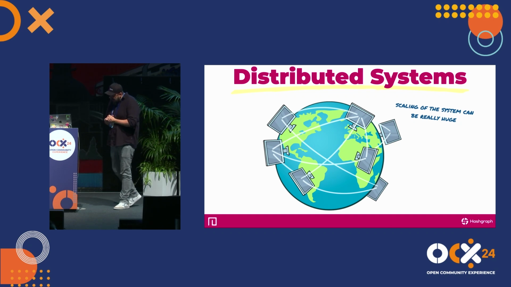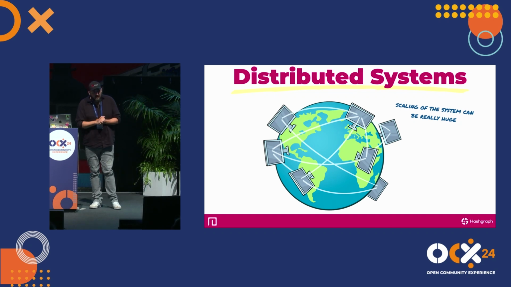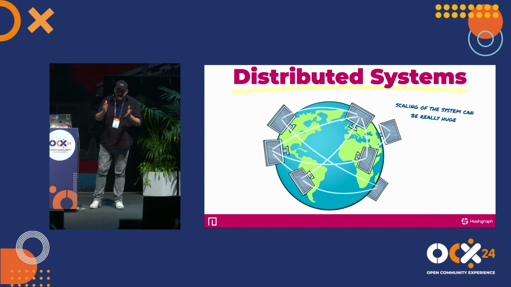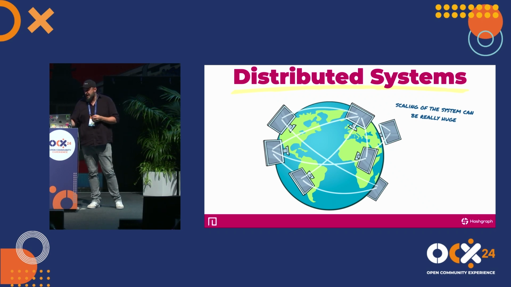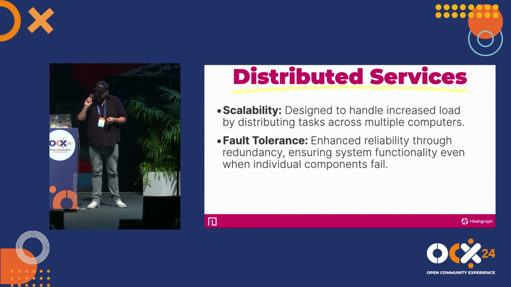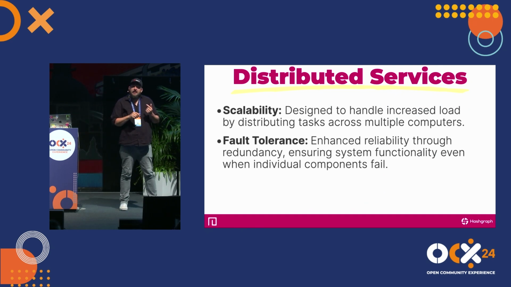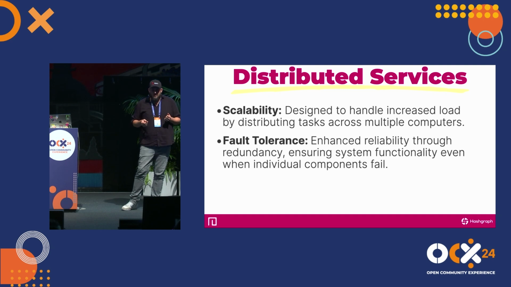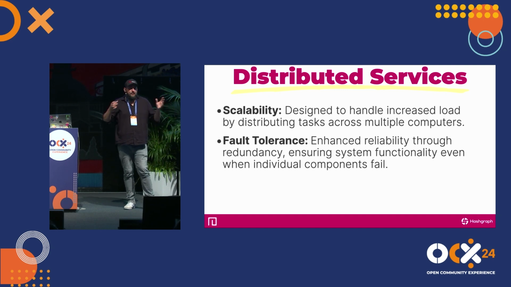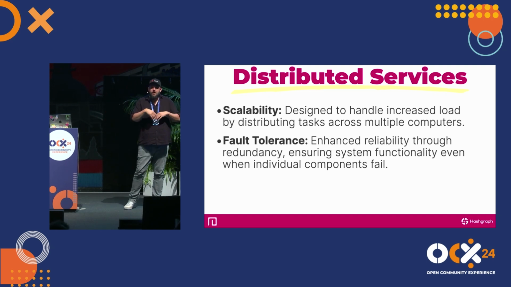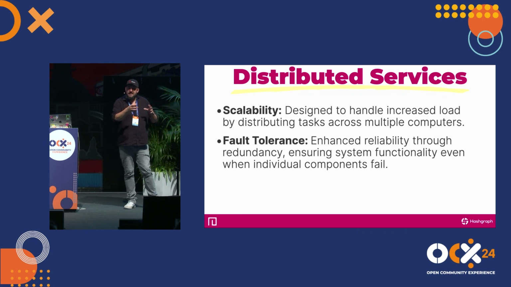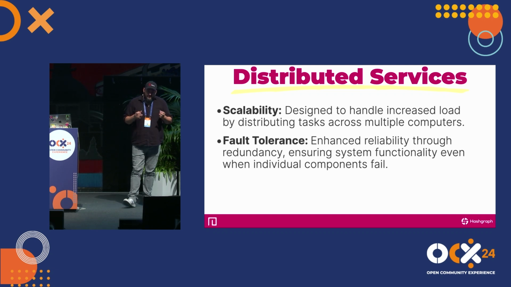And as people now learn in university, and most of us know from our job, when we have distributed systems, there are two nice facts about them, which are scalability and fault tolerance. Fault tolerance means if we have 10 nodes and one node explodes, the system still runs, right? Because we still have the 9 nodes that are running the system. That is what we understand by fault tolerance.